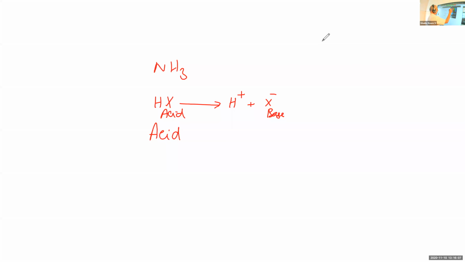Say, from an acid, minus one H+ ion, that will give you the conjugate base.